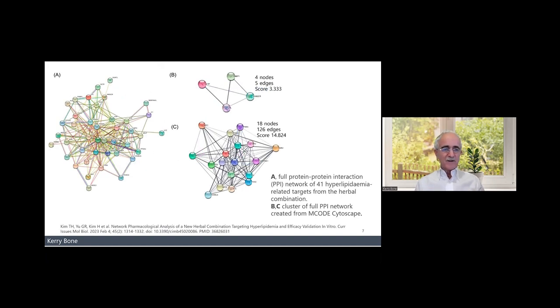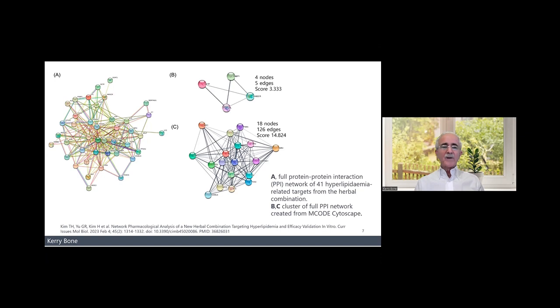This is from one of those wonderful Chinese studies I was talking about, and this is for a herbal combination rather than just an individual herb. You see the spheres of different colors, purple, green, they are the nodes. Remember I said in network pharmacology, you identify the nodes.